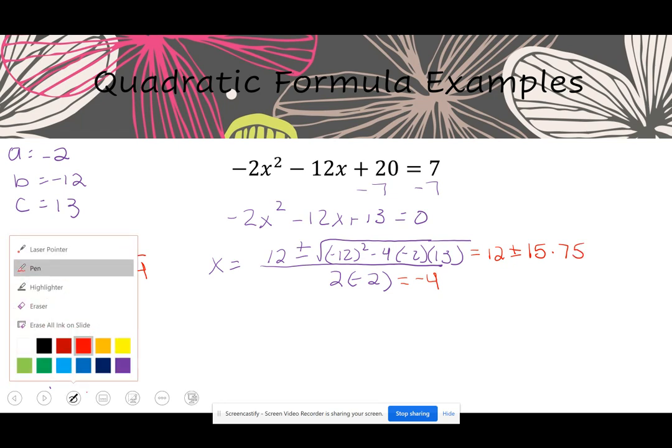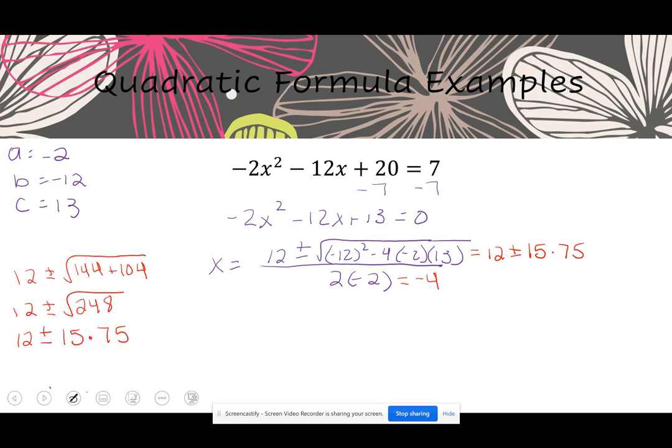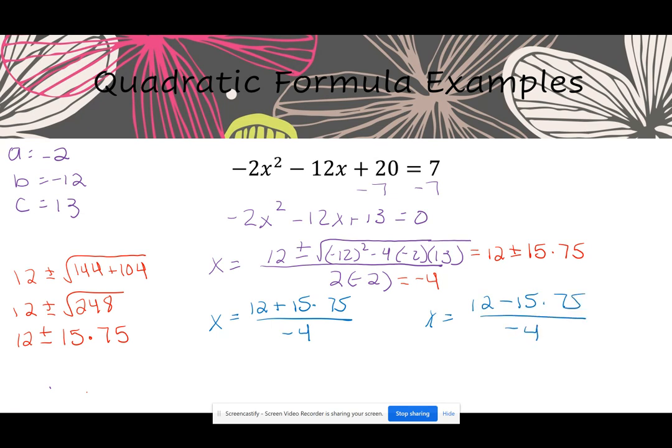Now we're going to find our two x values. So we have x equals 12 plus 15.75 divided by negative 4, and 12 minus 15.75 divided by negative 4. If we do 12 plus 15.75, we get 27.75 divided by negative 4, which gives us negative 6.94.